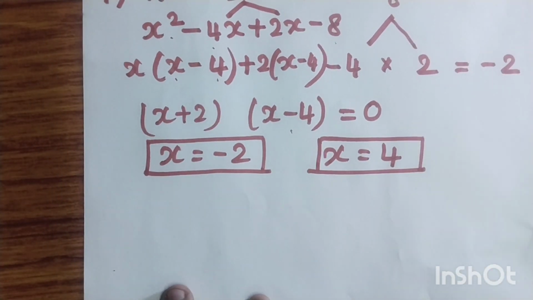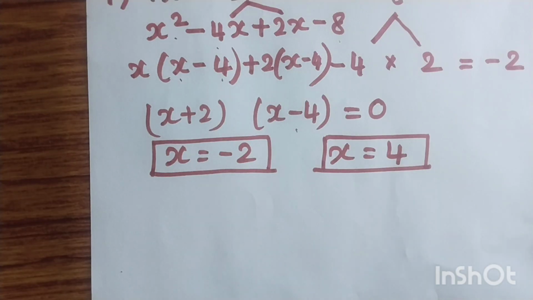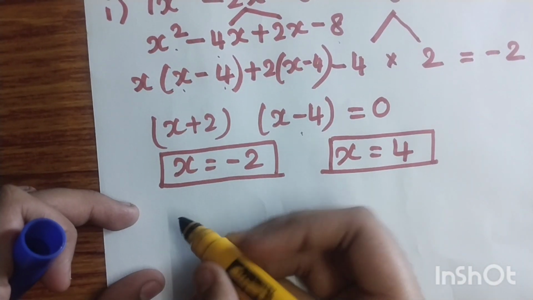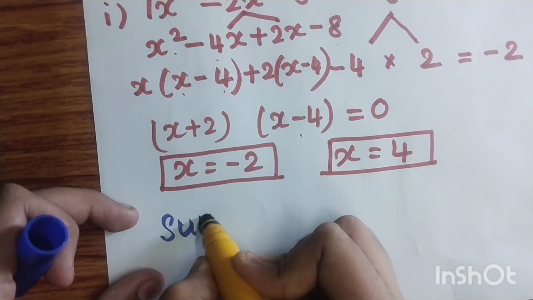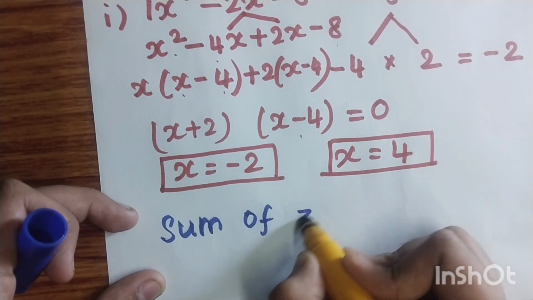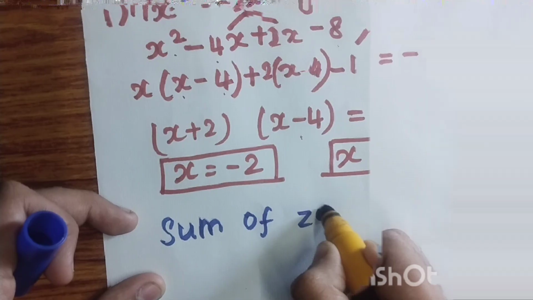For verification we have a formula: the sum of the zeros is equal to minus b by a, and the product of the zeros is c by a. So this is my formula. Verification is nothing but LHS equal to RHS.